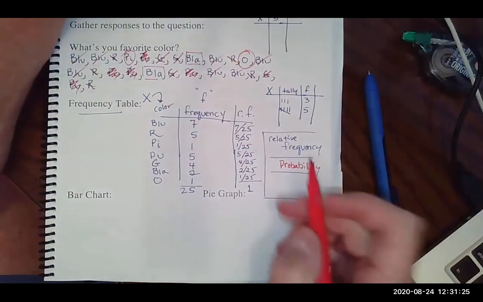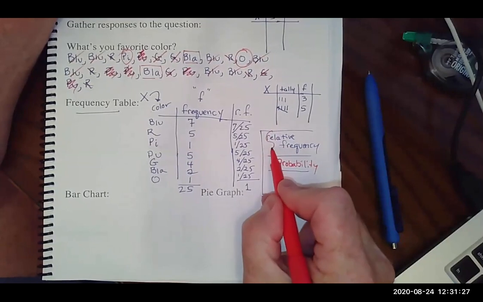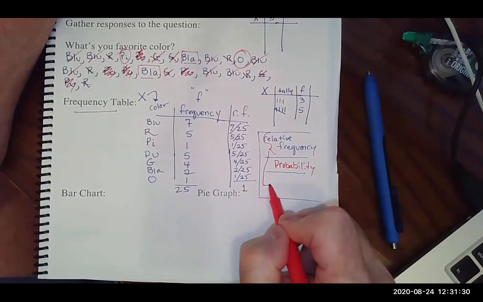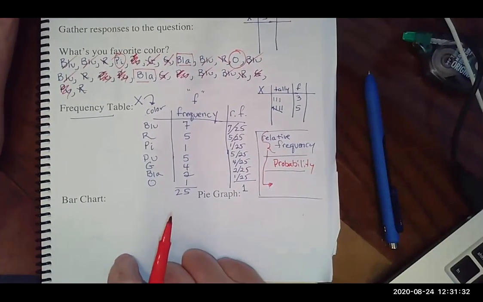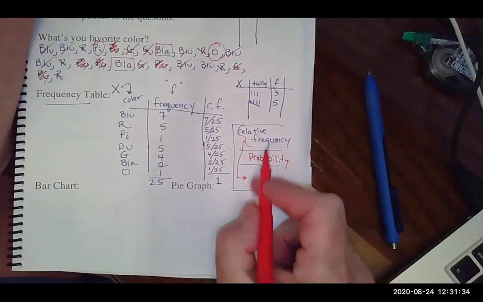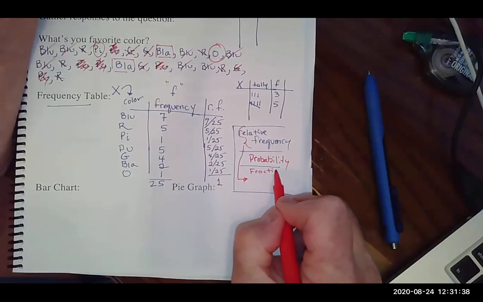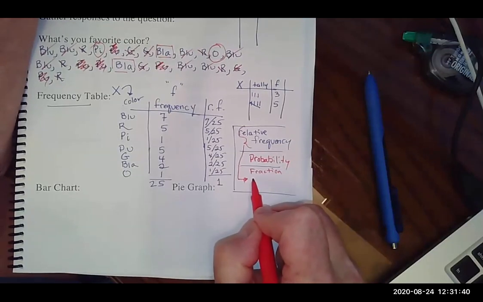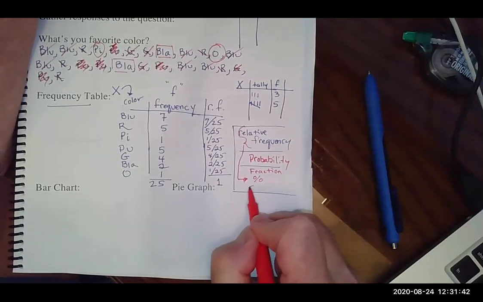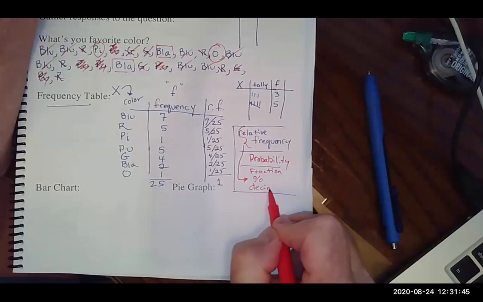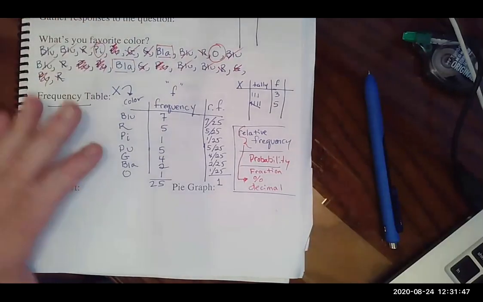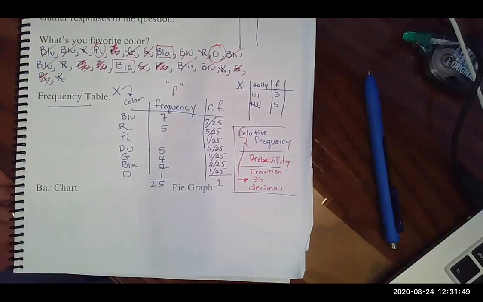Now the relative frequencies, you have 3 choices on how to display those. You can have fractions, percent, or decimal. And it's your choice. Fractions, percent, or decimals.